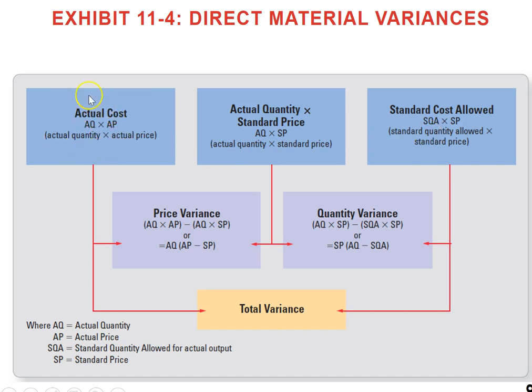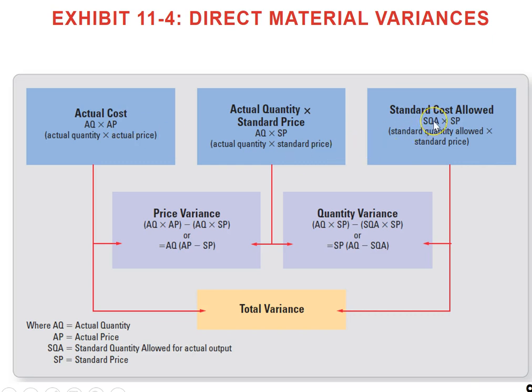Number one box will always show you the actual part. So you see here the first box is the actual quantity and actual price. That means if you multiply the actual amount of flour that you used and the actual price you paid per pound of flour, you will find your pure actual cost.